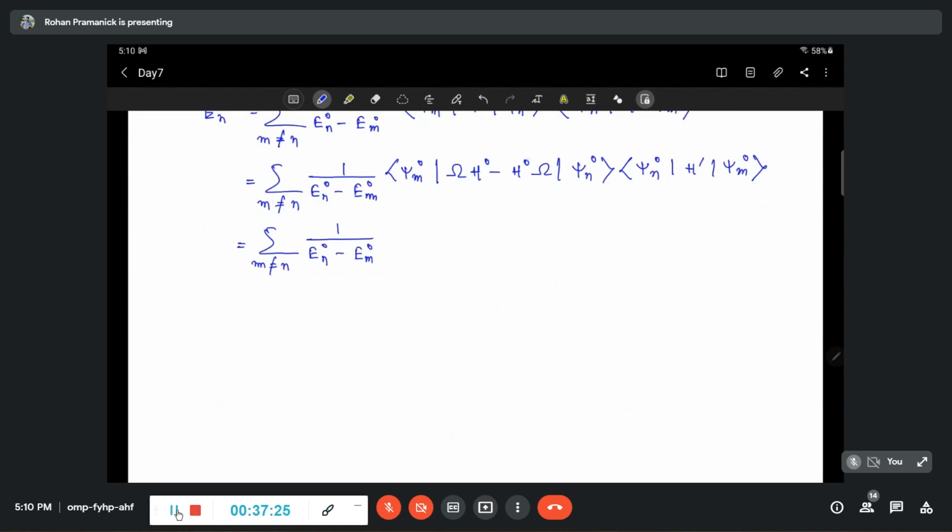So this h will act on psi m0, and okay, let's write it over here. So what will it give? It will give psi m0 omega h0 psi n0 minus psi m0 h0 omega psi n0.